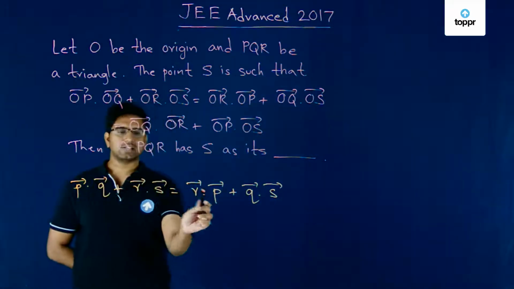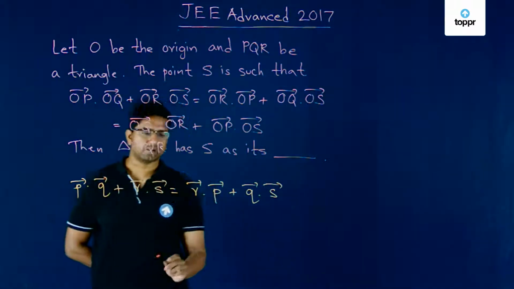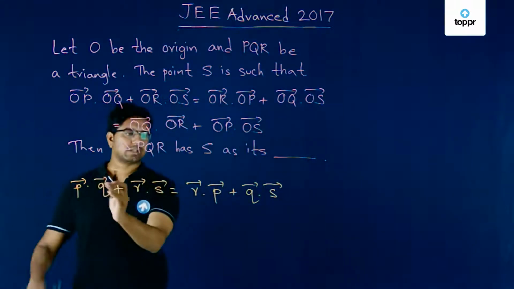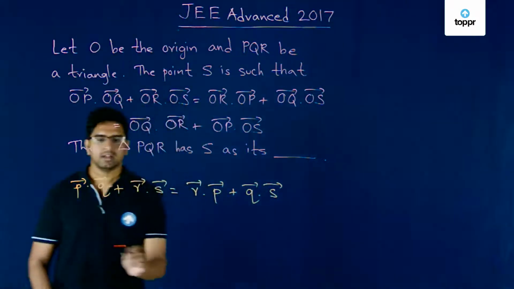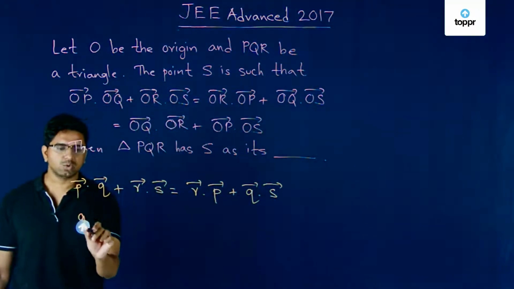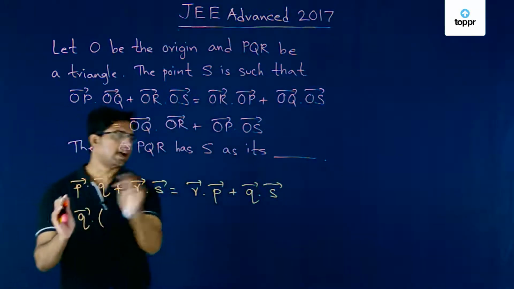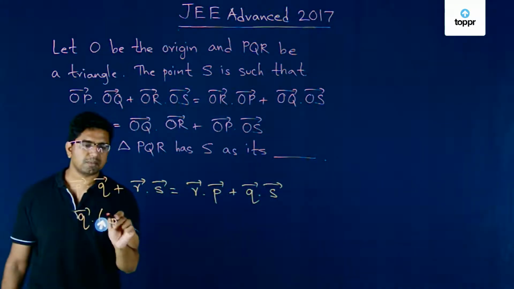One thing, there are common factors involved over here. There is q which is common in this term and in this term. So let us write that as q dot, bringing it to the LHS, I get it as p minus s.